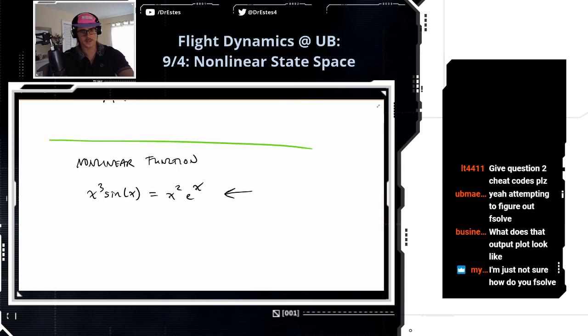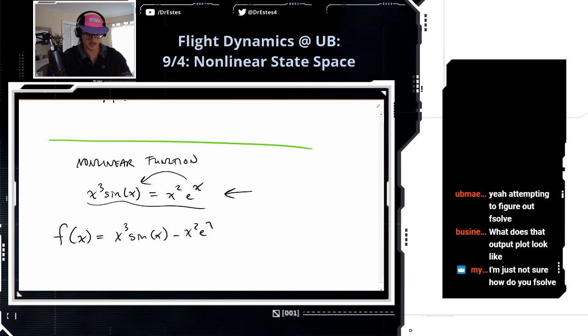So the first thing you do is you define a function f of x from this that's equal to 0. If I bring this x squared e to the x over to the other side, it'll be equal to 0, right? So what you do next is you make a function in MATLAB that is this.